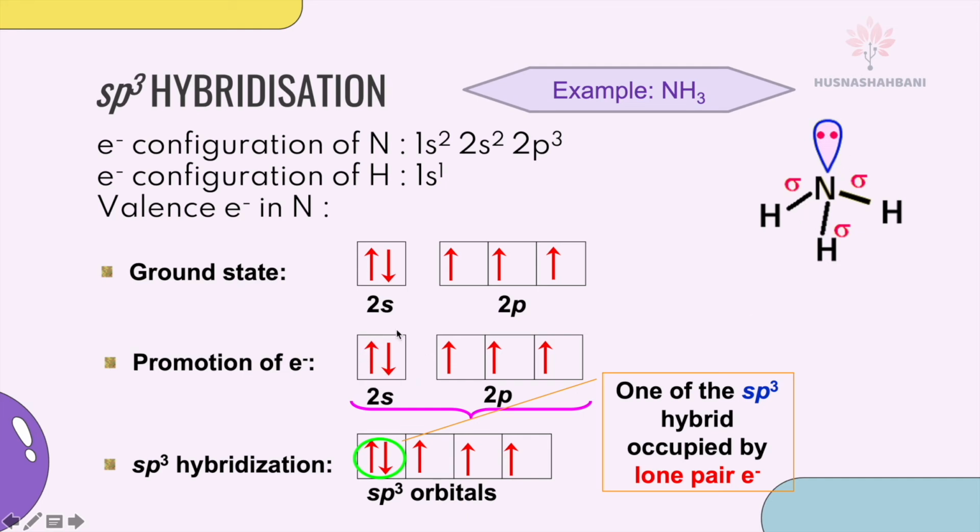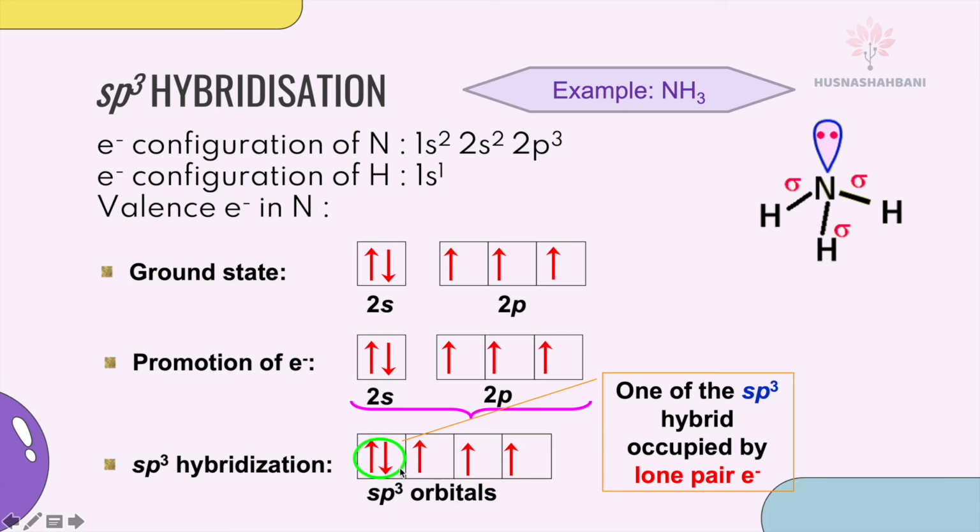So the pair of electrons goes in s, 3 unpaired in p, just mix them together, forming sp3 hybridization. Why sp3 hybridization? Because it involves 1 s orbital and 3 p orbitals. So that's why sp3 orbital.